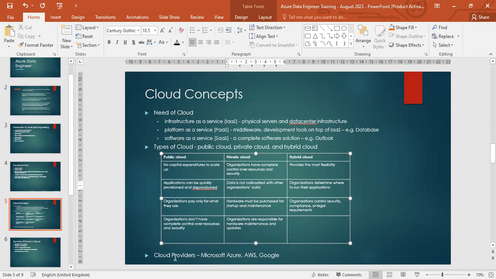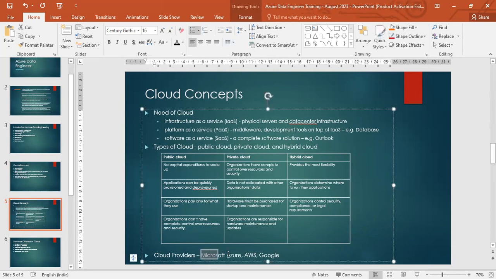So who are the cloud providers? The dominant ones are Microsoft Azure, AWS, and Google. Microsoft Azure is more dominant because of the scalability at the enterprise level, the number of services, and the integration between these various services, offered at enterprise scale, meaning that you can have n number of services created within a few minutes.